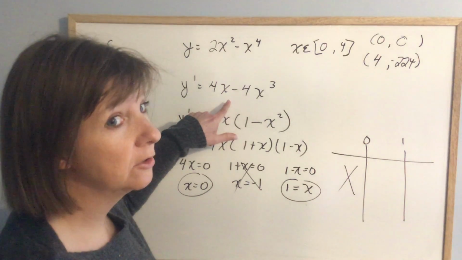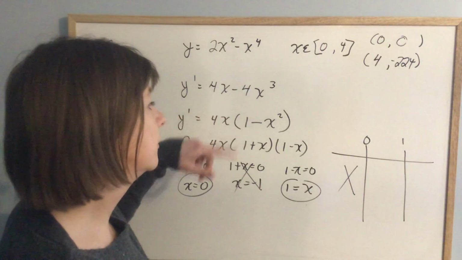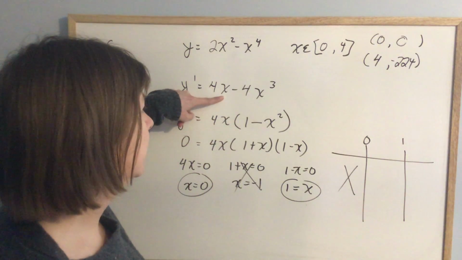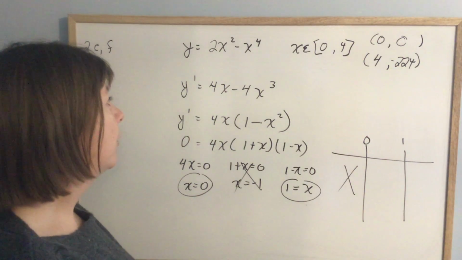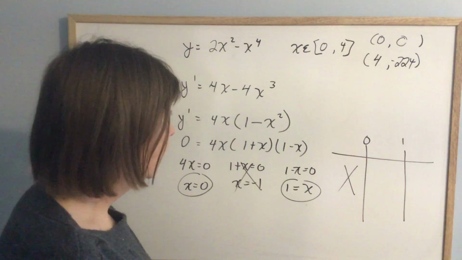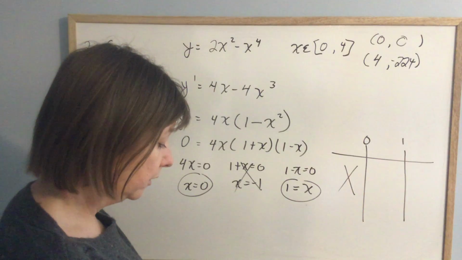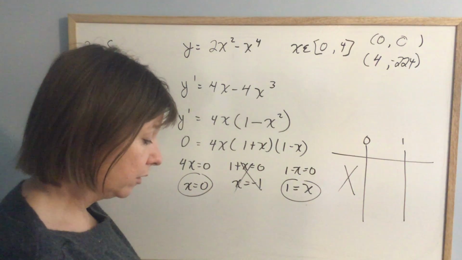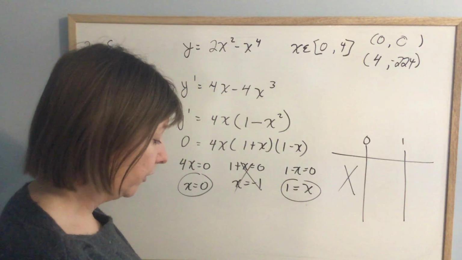Put it back into your derivative. It doesn't matter. You can put it back into this or into the factored one. So if I do 0.5, 4 times 0.5, that's 2. And then 0.5 cubed times 4. So really this is 2 minus 0.5.